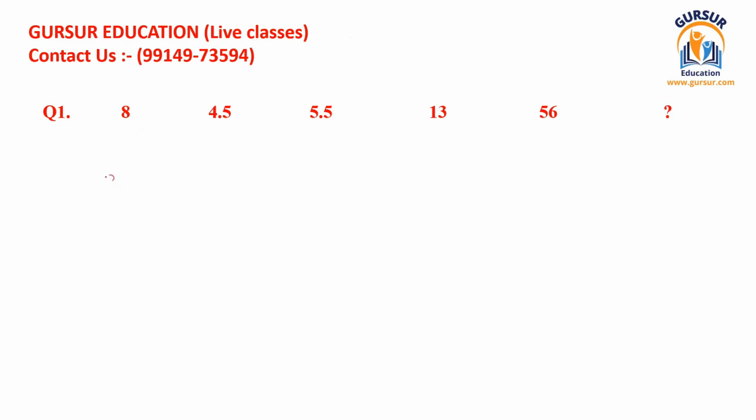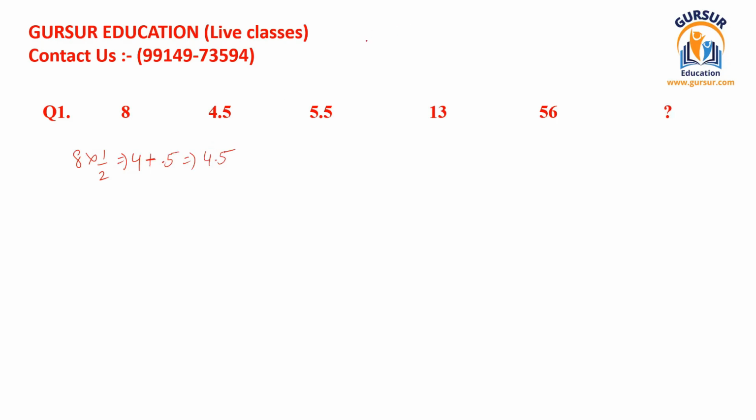Okay, so I have to find how 4.5 comes on the basis of 8. If I multiply 8 by 1 half, or 0.5, then I get 4. Okay, 4 is the value. But here it is 4.5, so you can see there is an addition of 0.5, and then we get the value 4.5.